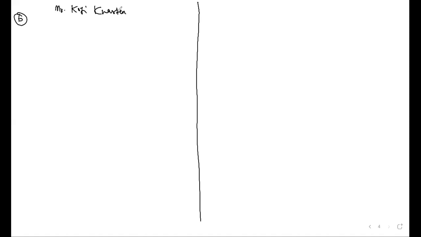Let's move on to the B part. We are told that Mr. Kofi Kwarteng writes to the Commissioner General to relinquish his right under Section 112.